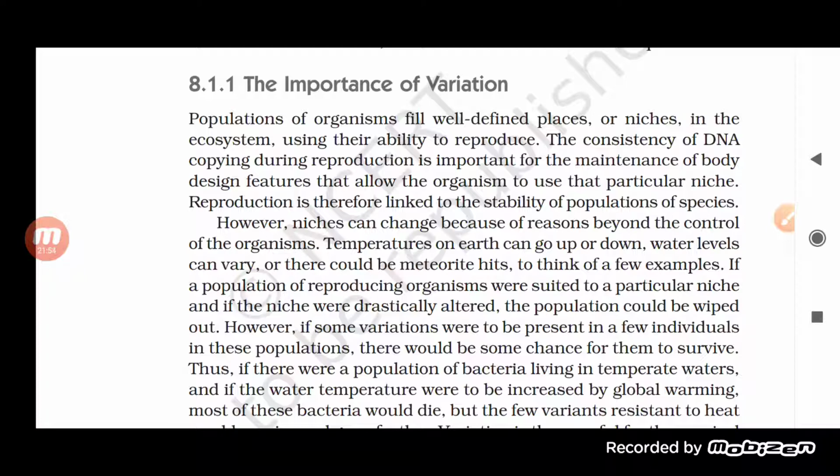Here it is saying that in our ecosystem, the populations of an organism have the ability to reproduce. So consistency of DNA copying is really important. Why? For the maintenance of the body design, which allows the organism to use that particular niche. But niches can change, students, and there are some reasons which are not in the control of the organism.